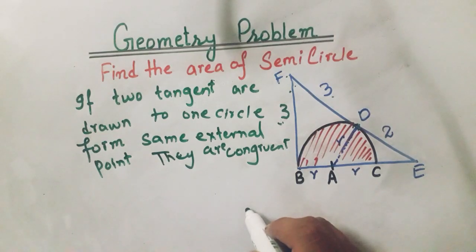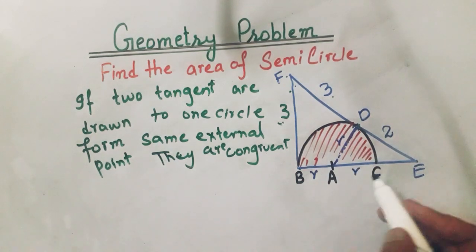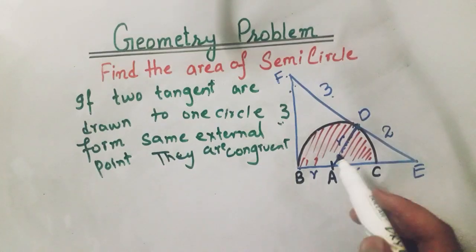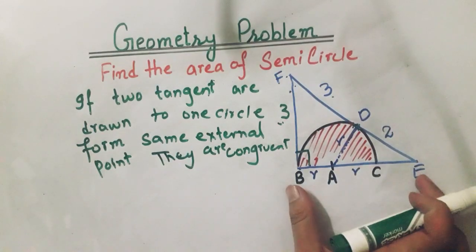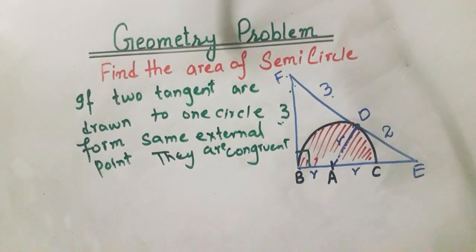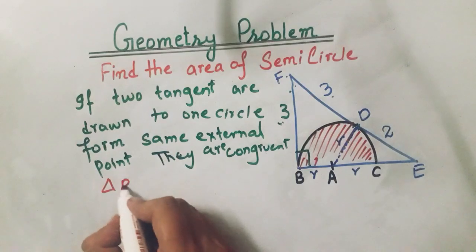Now in the next step we will consider this semicircle and this right angle triangle. This is 90 degrees. First we find the value of the base of this triangle. So according to the Pythagoras theorem, focus on the right angle triangle BFE.